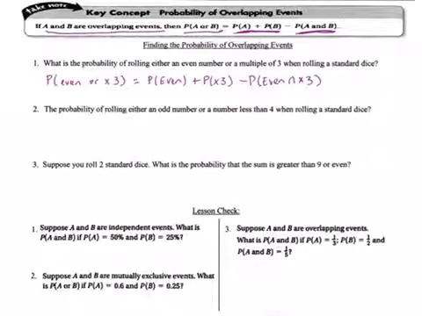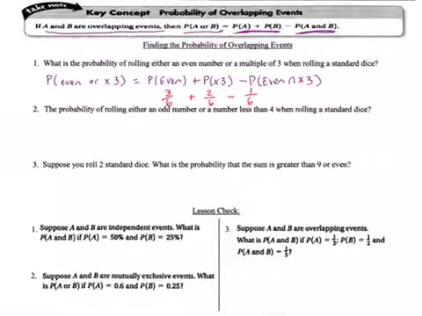So the probability of rolling an even number on a standard die, that's just 3 out of 6. That'd be 2, 4, and 6. The probability of a multiple of 3, well, that's 3 and 6, so that's 2 out of 6. And then the probability of the two occurring at the same time, well, it would be actually multiplying the two together. Well, 3/6 times 2/6 would give us 6/36, which in reality we can reduce to 1/6.